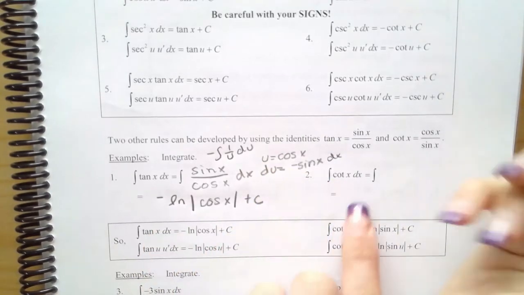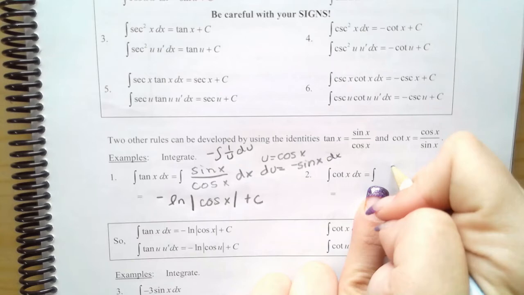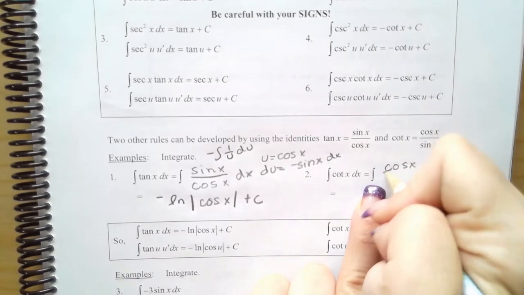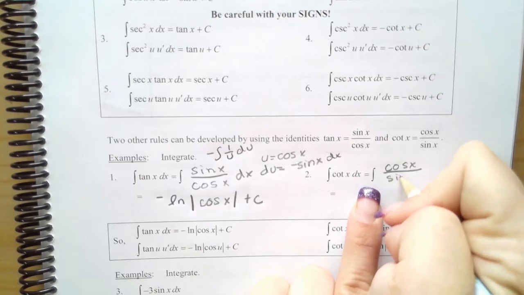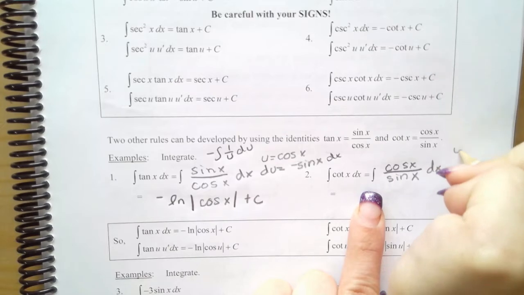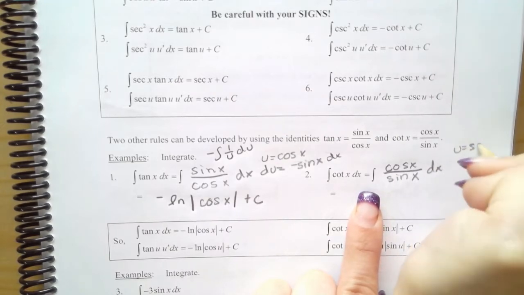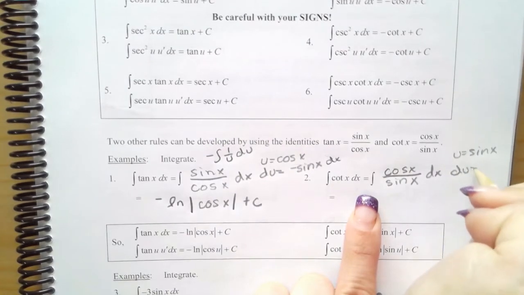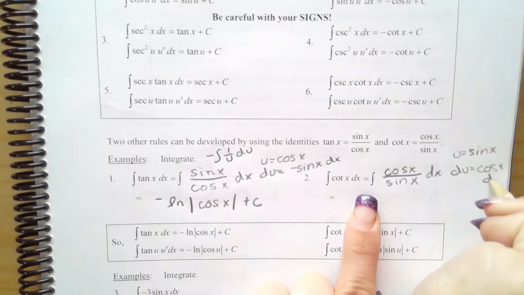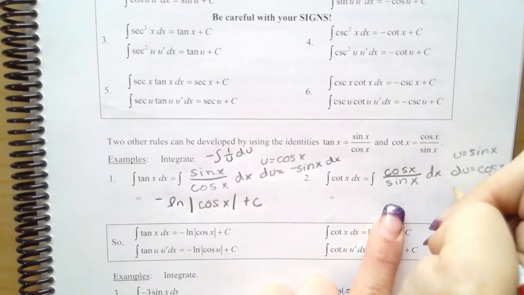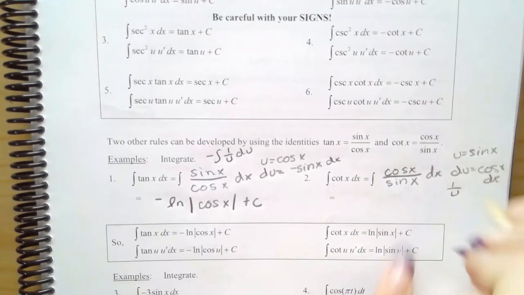That goes the same thing as here. We have cotangent is cosine over sine dx. u would be the sine x, and du would be cosine x dx, leaving us 1 over u, right?